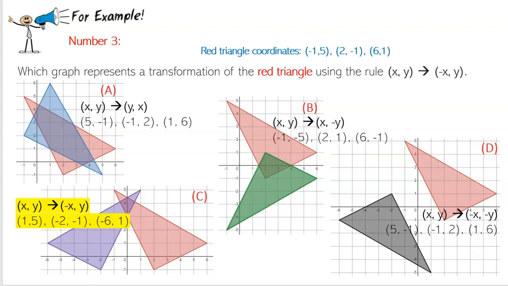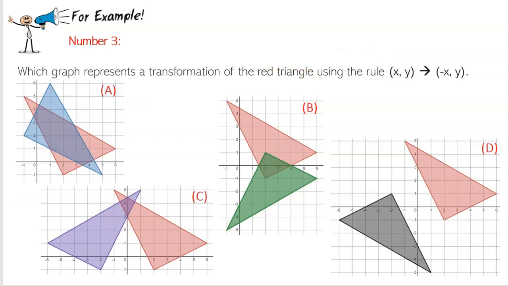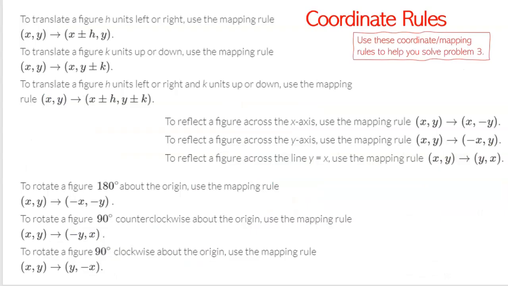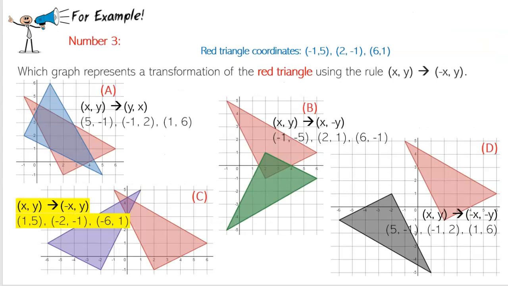So this one is going to be identifying the triangles using the rules, and you can use this as a reference to see what rule I was given. So this one, again, is reflecting across the y-axis. Here's my red triangle reflected to the blue triangle.